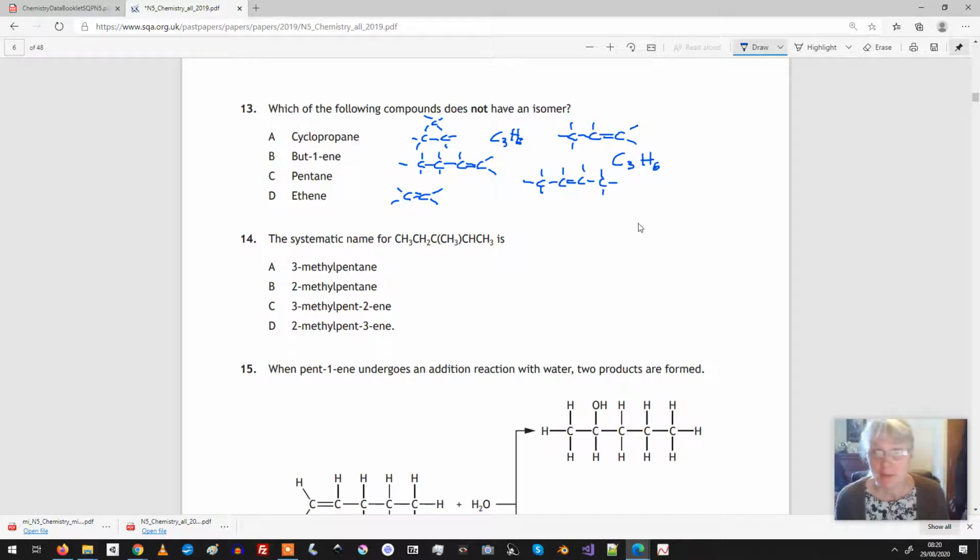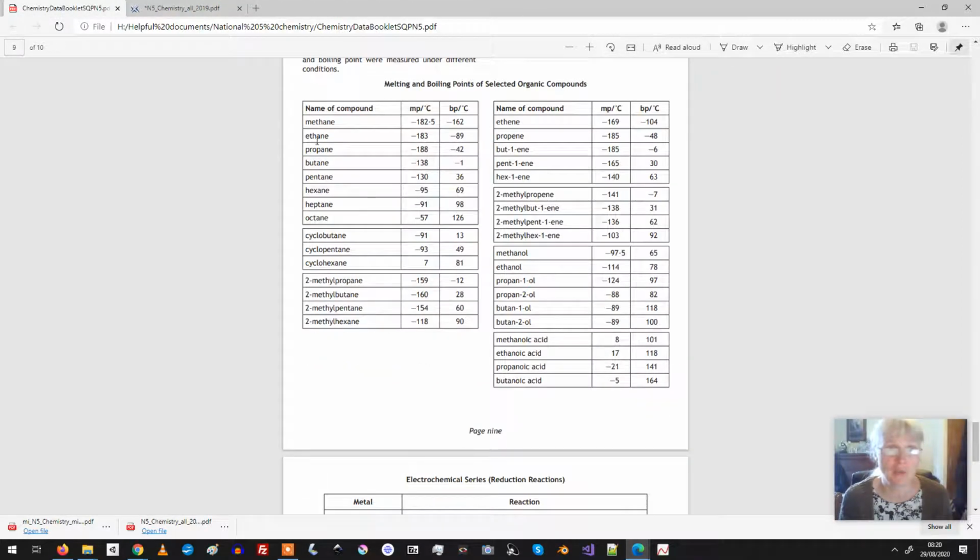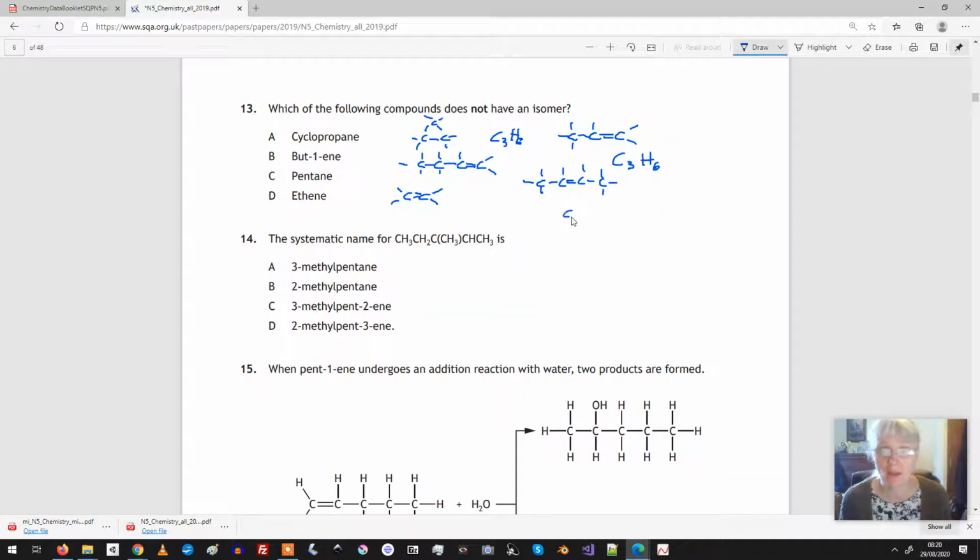And pentane. Pentane can have different shapes. Pent is for 5, and I'll show it here. 1, 2, 3, 4, 5. So pentane has 5 carbons, which would have little hydrogens around it. Or you could have it in a slightly different shape.